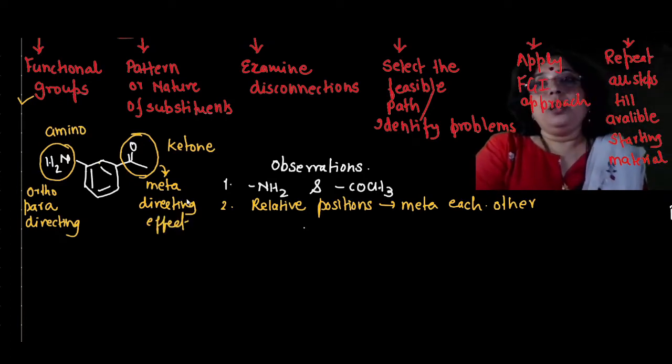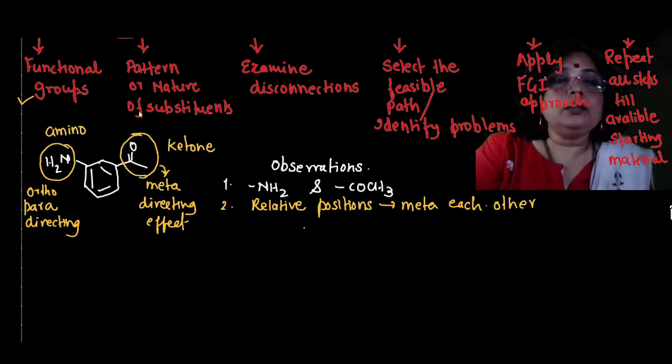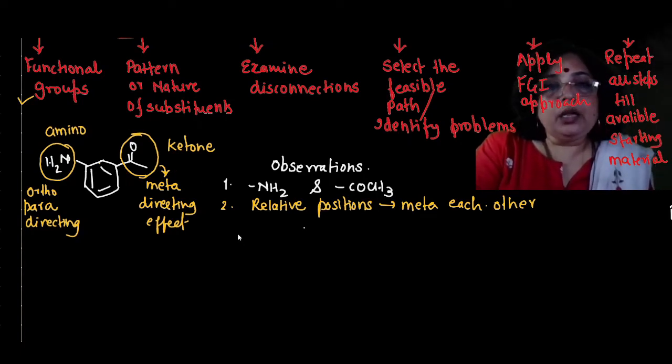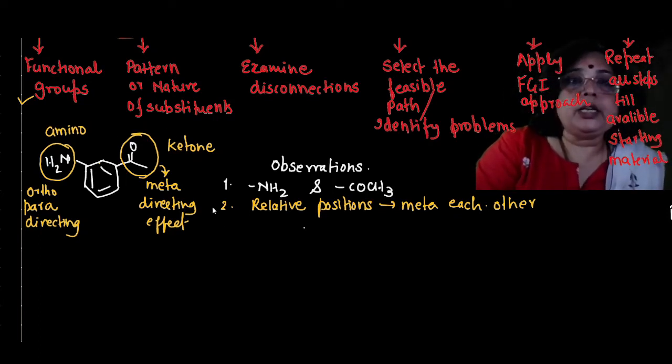All right. Now, with the help of these patterns of substituents, we can easily move towards the next criterion, that is, to examine the disconnections.